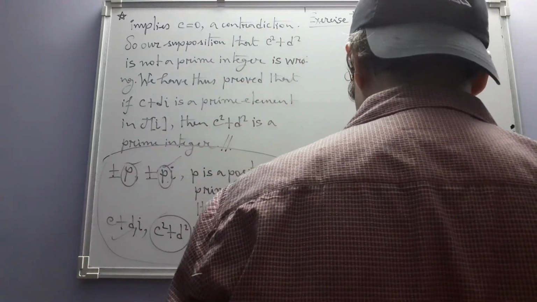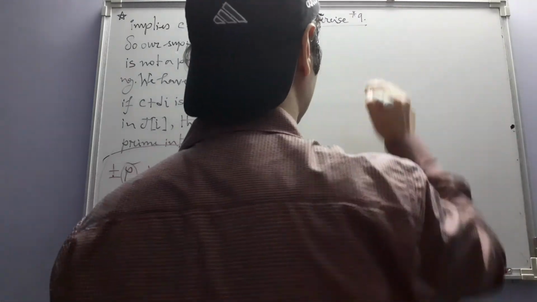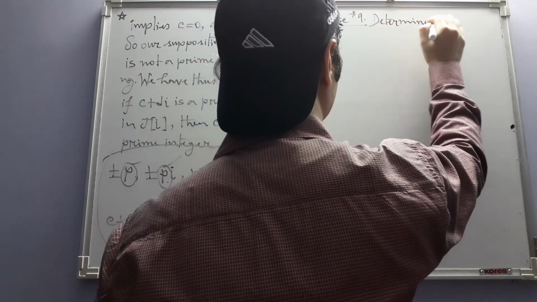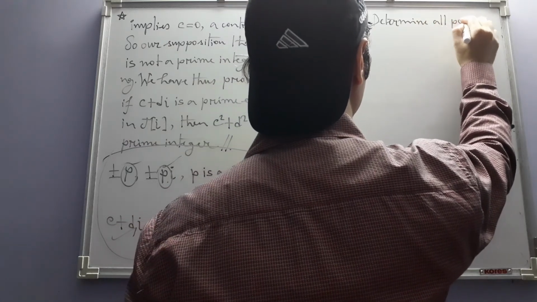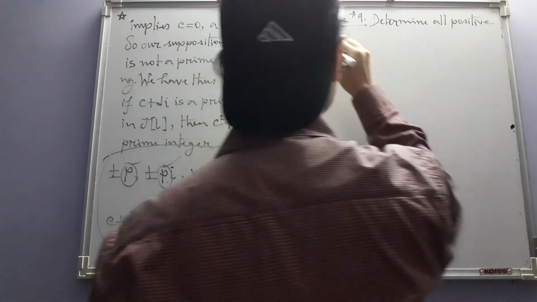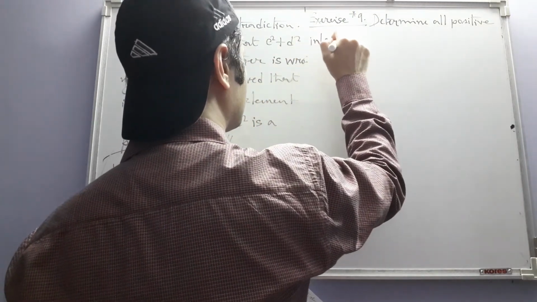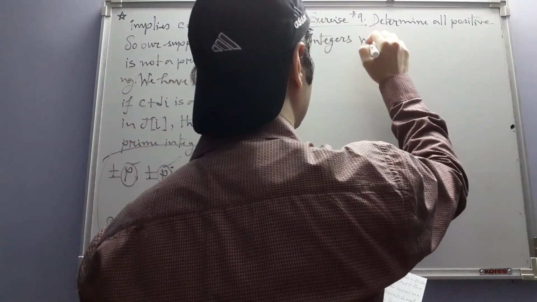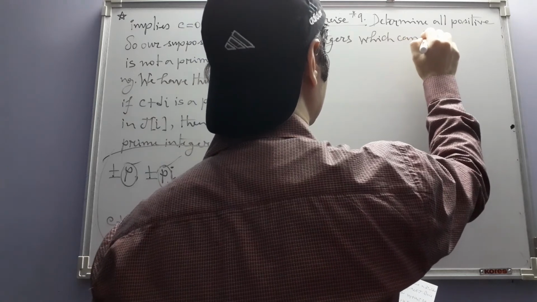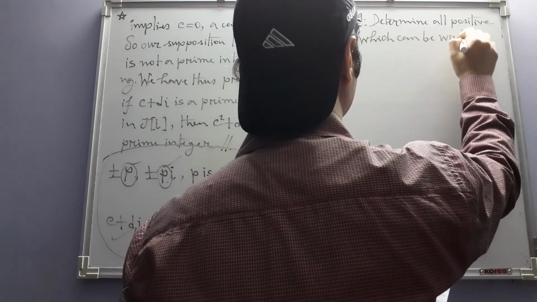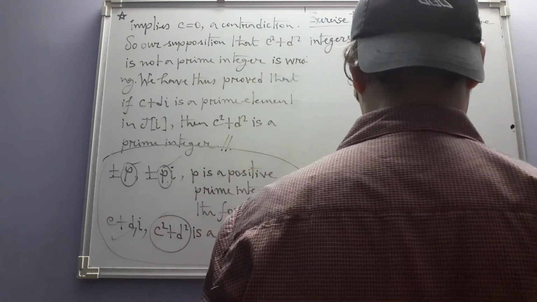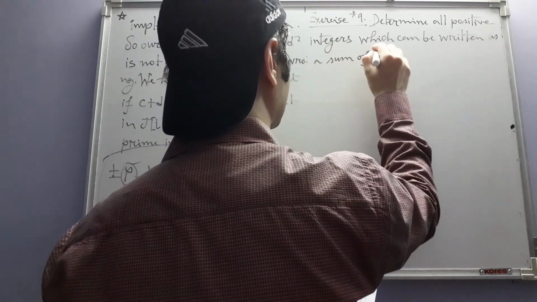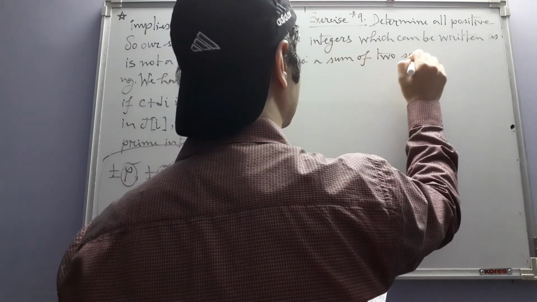Exercise 9, it's another starred exercise. Determine all positive integers which can be written as a sum of two squares.